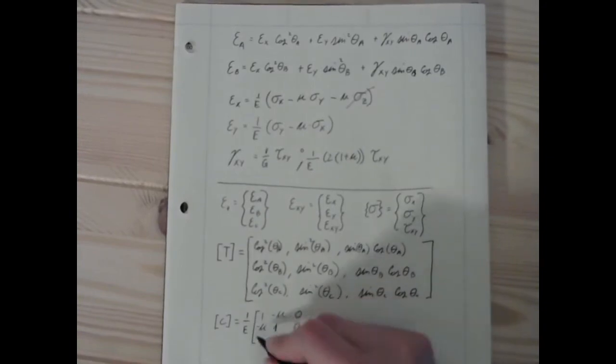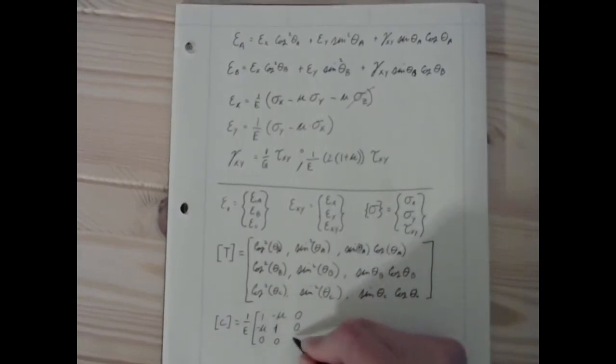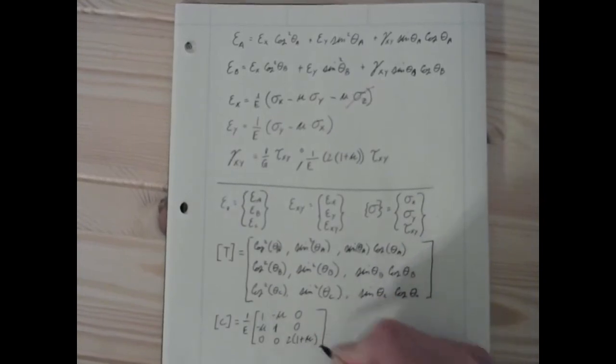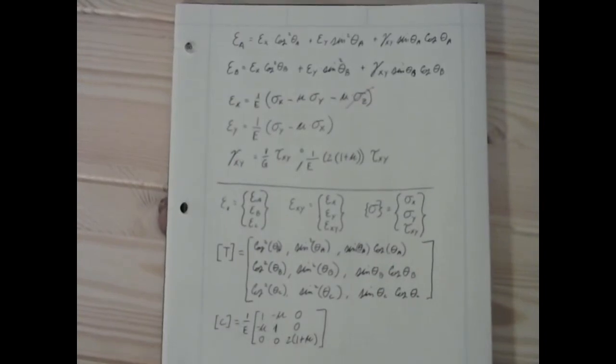And then again 0 right here, 0, 0, and then converting into the shear modulus from the Young's modulus, we obtain 2 times 1 plus Poisson, which is the stuff between them. We can also invert this to convert from strains into stresses. It's very, very similar.